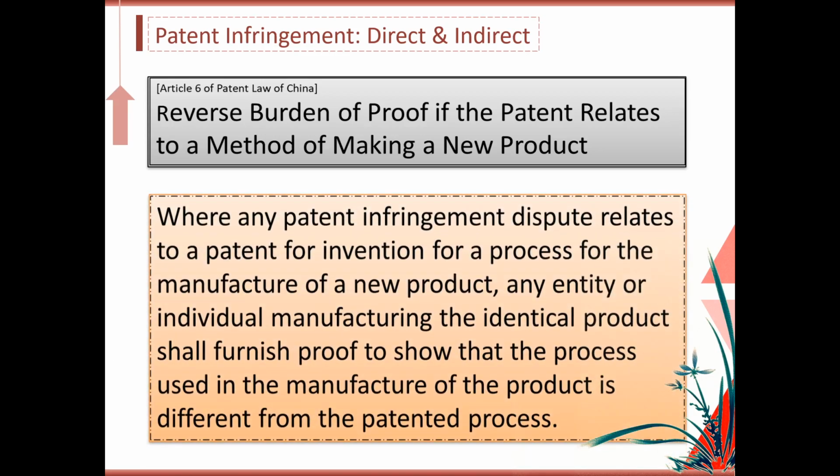But in the case of patented method, as we mentioned earlier, it is so difficult for a patent owner to prove that the product at issue made by the defendants were obtained directly through the use of the patented method.